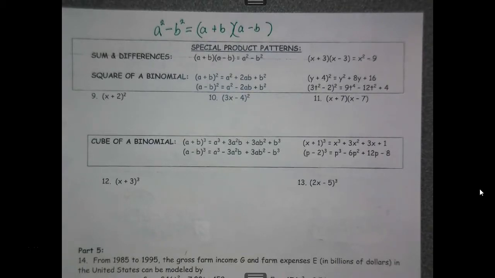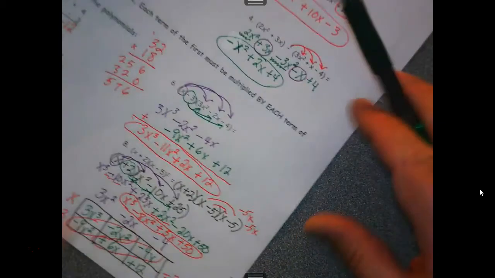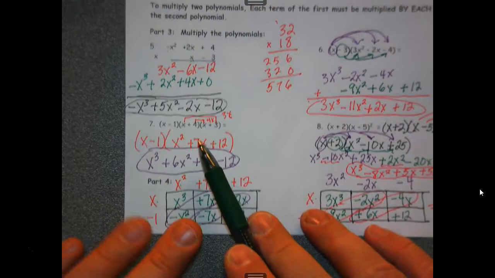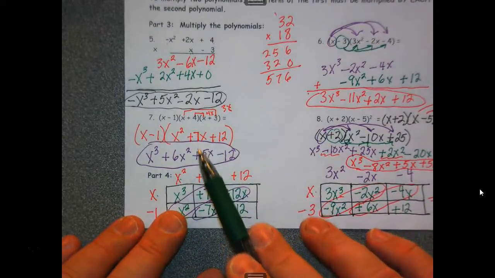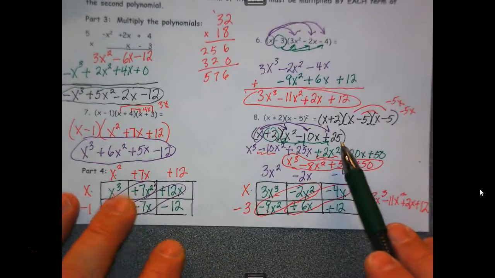But they kind of come in handy when you're multiplying the cubes, like number 7 here. That's a cube polynomial, and it got to be quite a bit of work. Same with 8, didn't it?